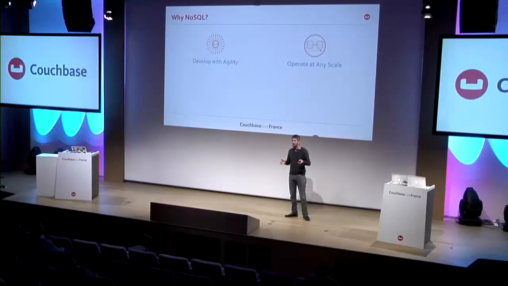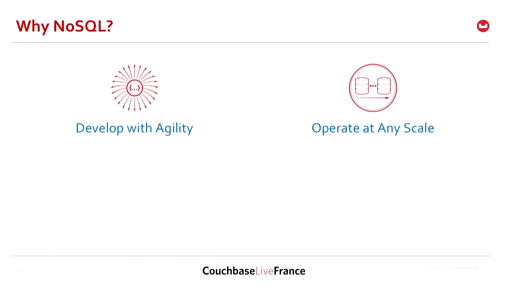So at a very high level, why are we even here today? Why NoSQL? Many people will tell you many things about that. I think it boils down to, and we've distilled it down to, really two key elements. One, on the application development and data side, the ability to develop with agility.